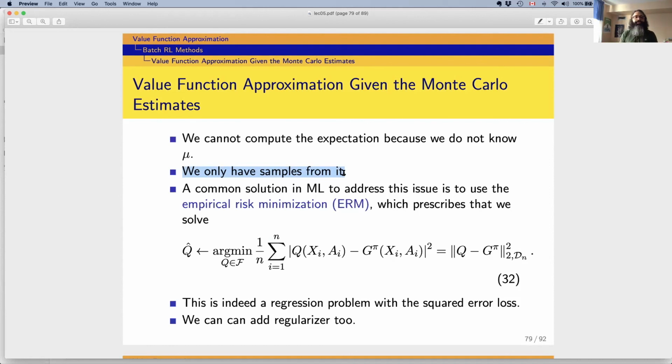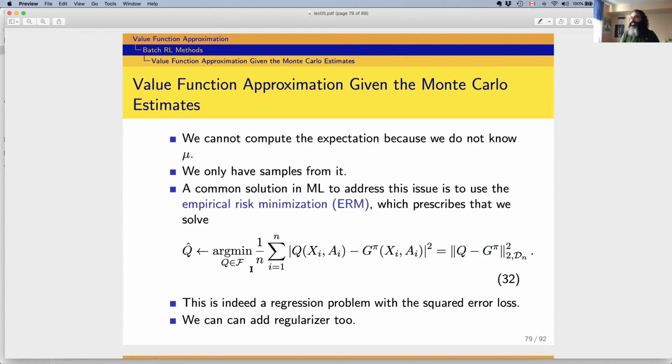This is also called empirical risk minimization: find a Q hat which minimizes, over Q in that function space again, the loss function, the summation of 1 over n from 1 to n of Q of x_i a_i minus G pi of x_i a_i squared. So you see that we have everything here. We have the x_i a_i's, and by assumption we have these returns. So we can form this loss function and minimize it.